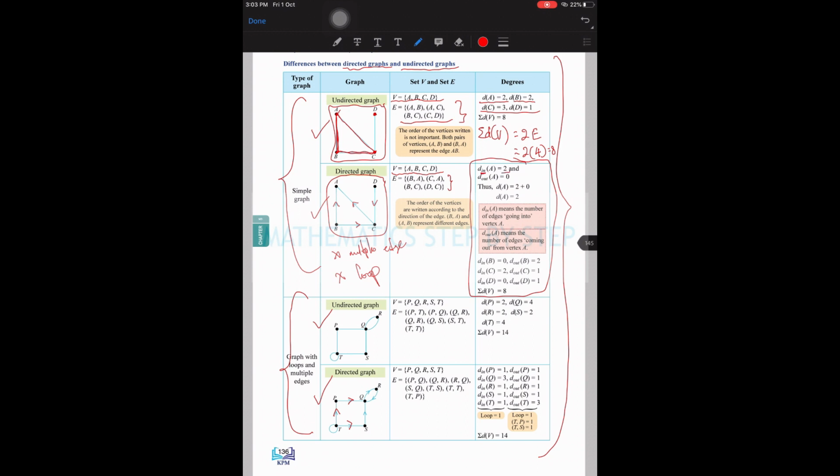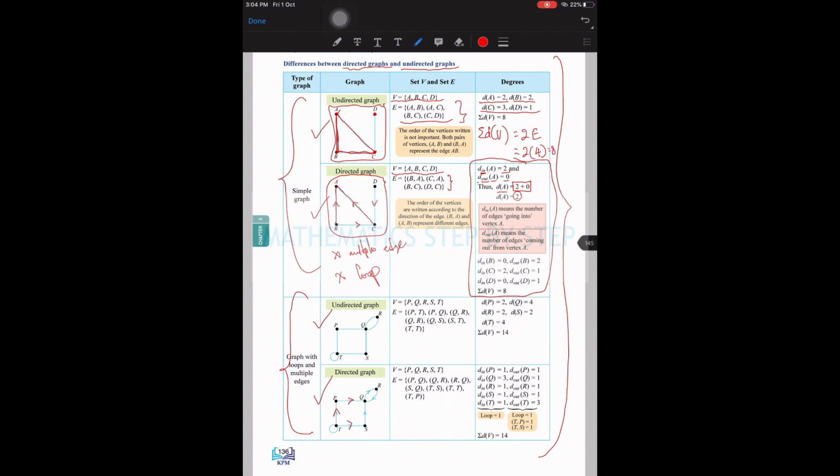Okay, we can see this is the first edge coming in. This is the second edge coming in at vertex A, okay? Then, degree of out at vertex A equals to 0. We can see there's no edge coming out from vertex A. Okay, so the degree of vertex A is equals to 2. Okay, we add those edge coming in and the edges going out, okay?